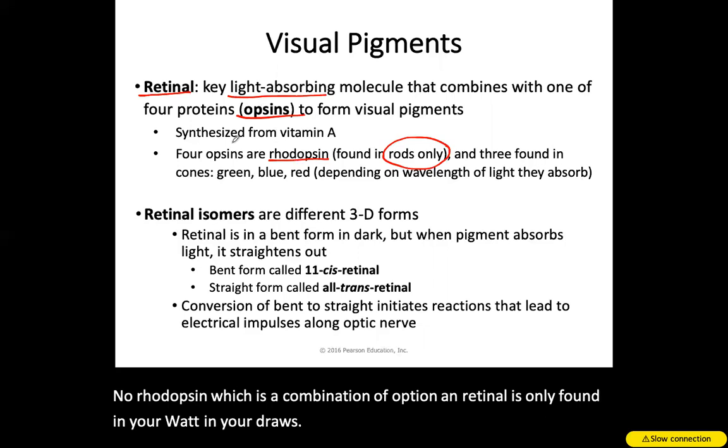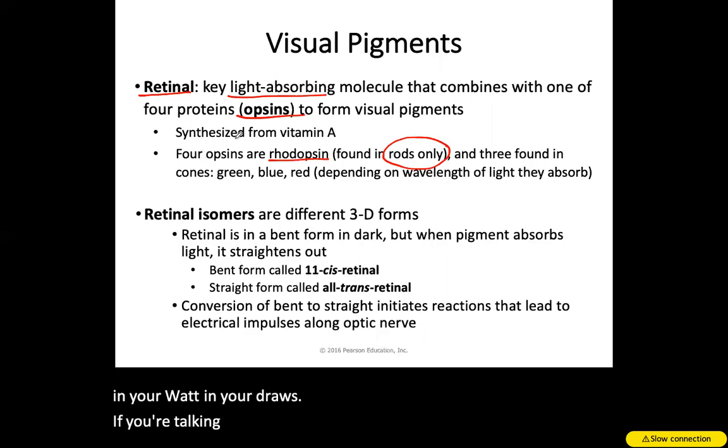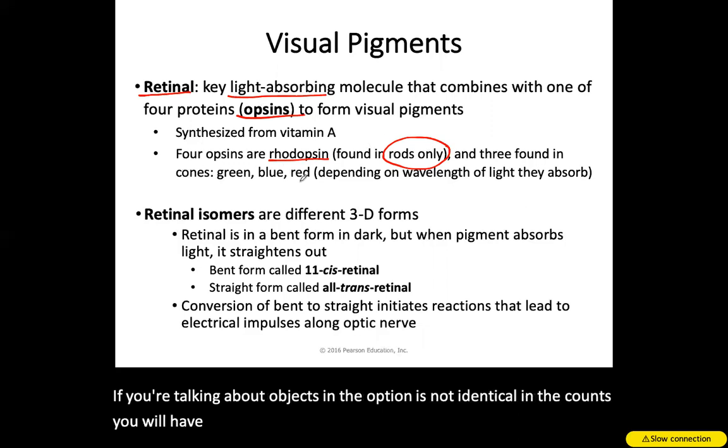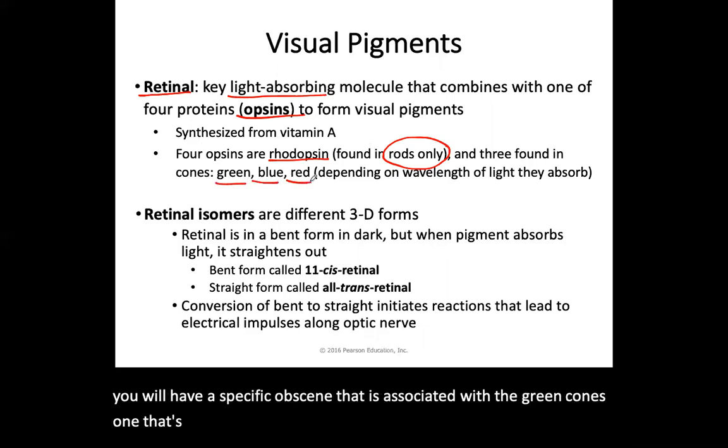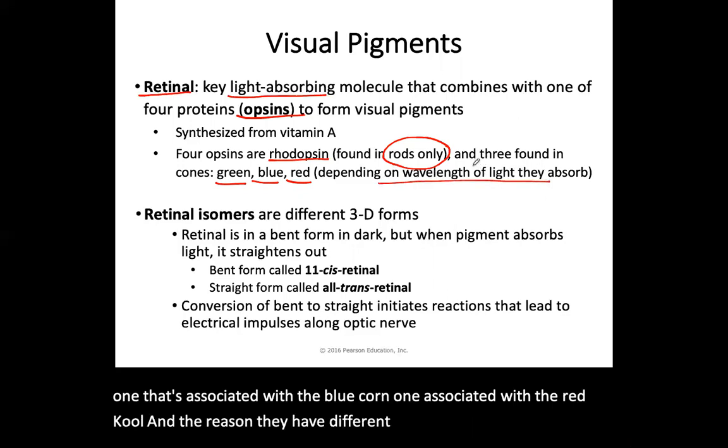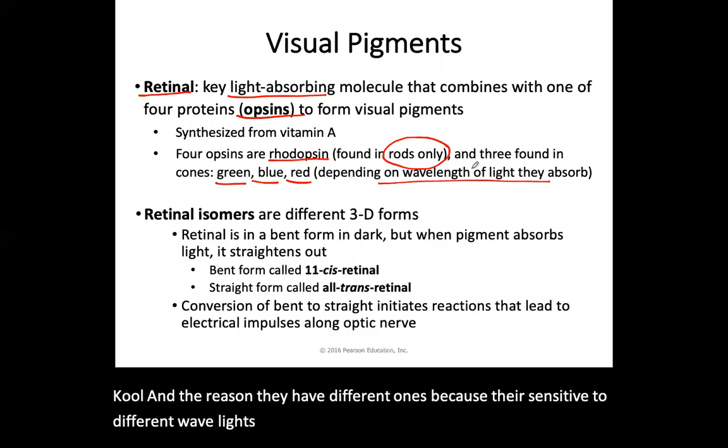The opsin is not identical in the cones. You will have a specific opsin associated with the green cones, one associated with the blue cones, and one associated with the red cones. And the reason they have different ones is because they're sensitive to different wavelengths of light.